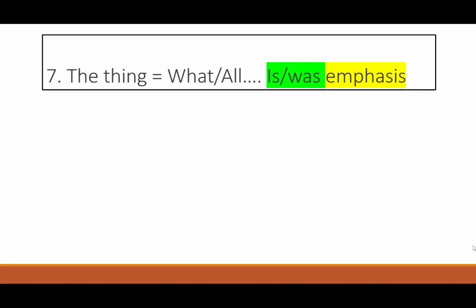Here, guys, we use what or all, and then the clause, then be, depends on the tense, then the word or phrase we emphasize. Now, do you remember this example? Sheila hid the book under the mattress.